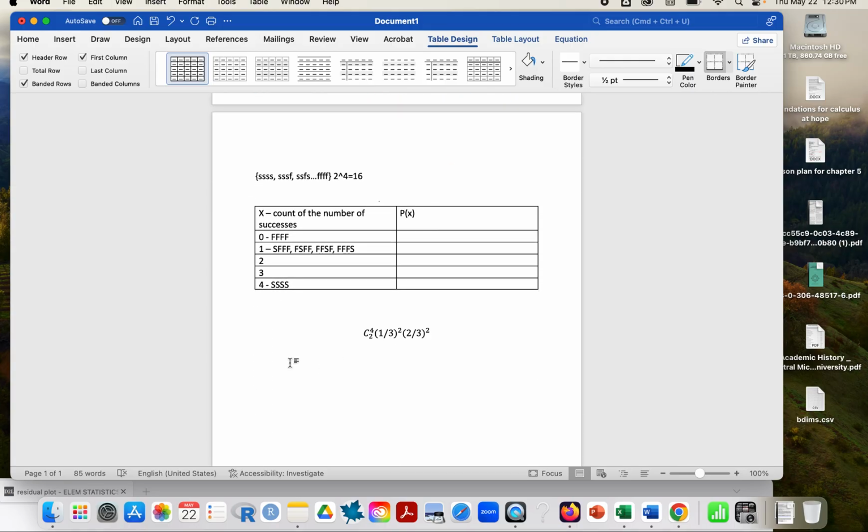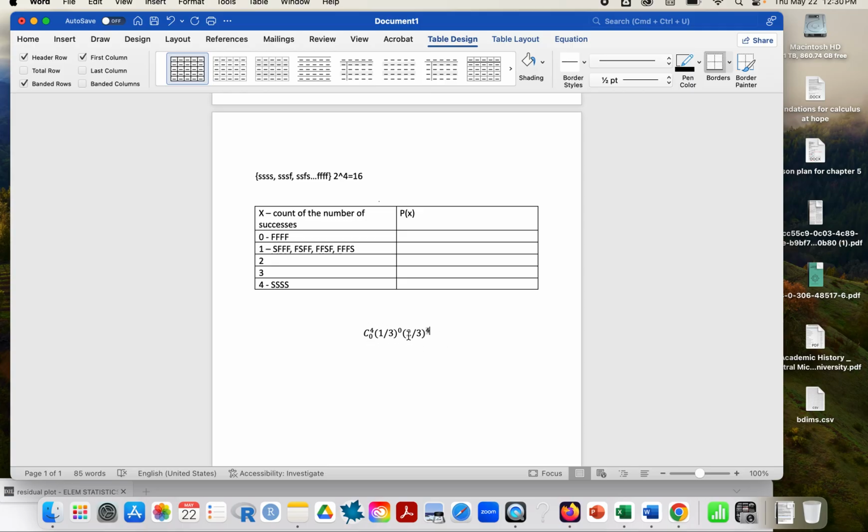Now, out of our 4 trials, we want 0 successes. So we want 0 1/3, and we want 4 2/3.